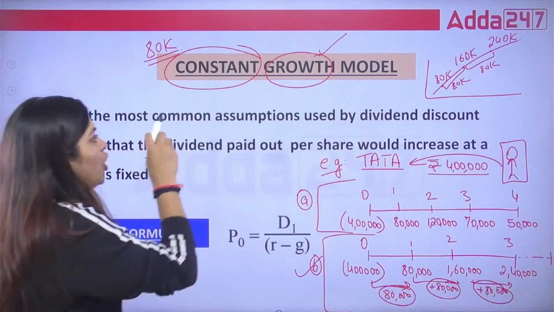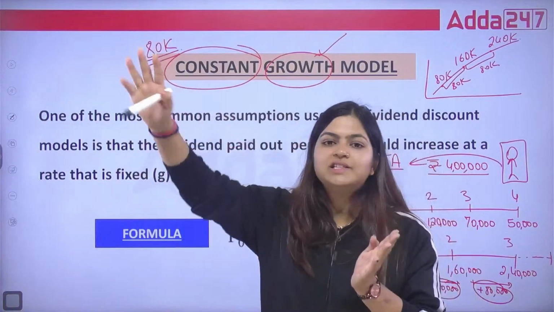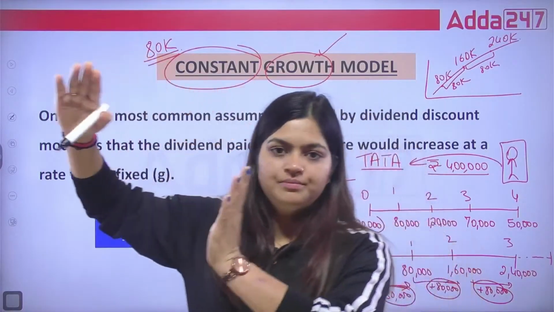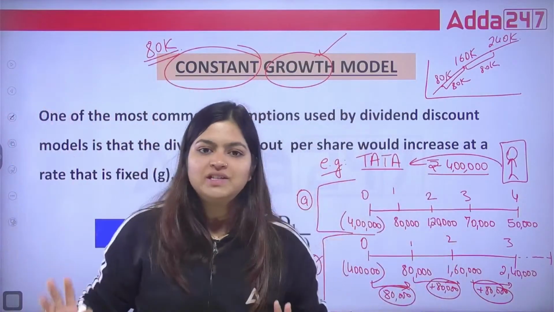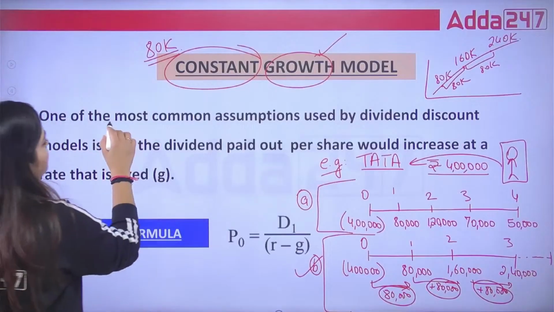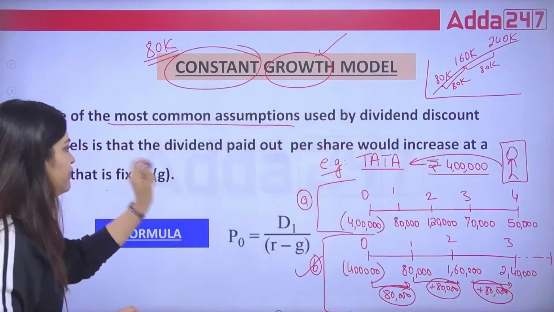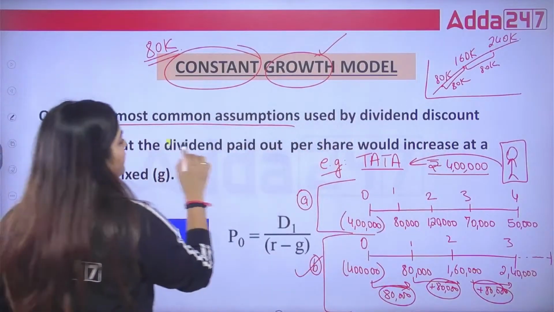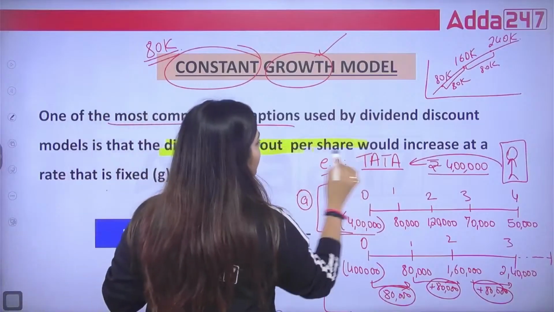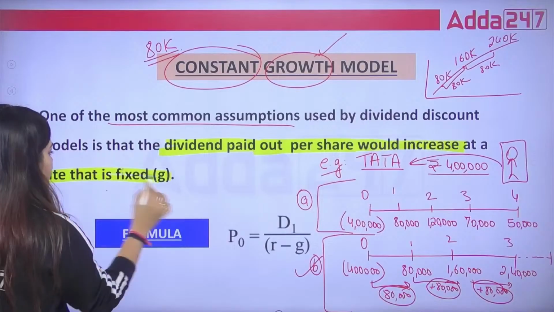So what does the constant growth model talk about? When your amount is increasing, but by the same amount every time, that is your constant growth model. One of the most common assumptions used by the dividend discount model is that the dividend paid out per share would increase at a rate that is fixed.